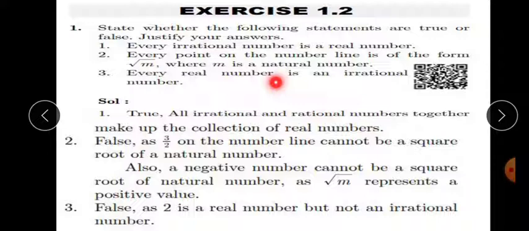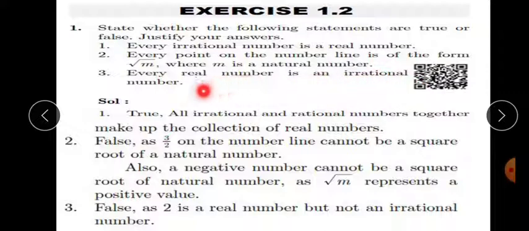Root 4 means 2 squared, so root 4 will become 2. Root 9 will become 3. Suppose root 16, it will become 4. And 4 is a rational number. So we cannot express it as an irrational number. So every real number is not an irrational number.